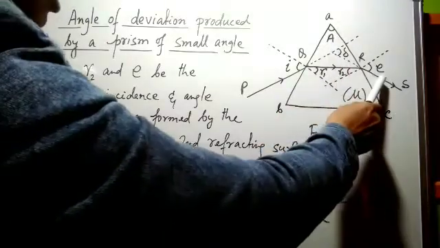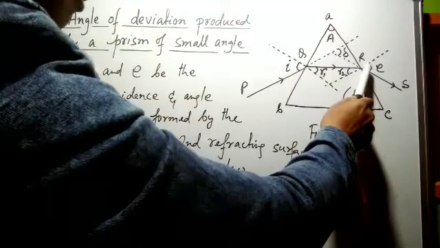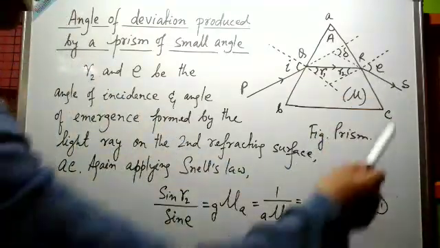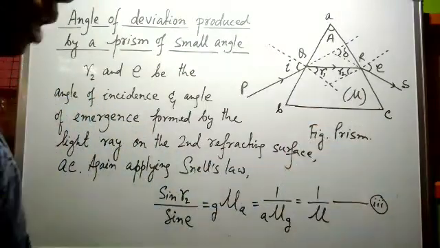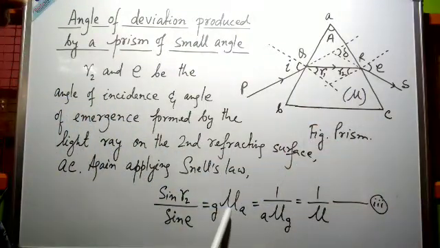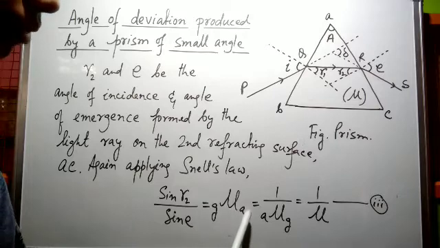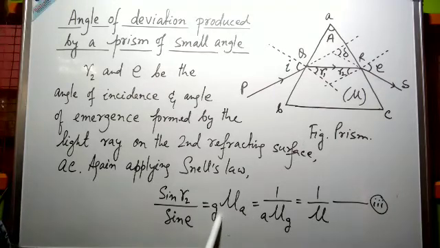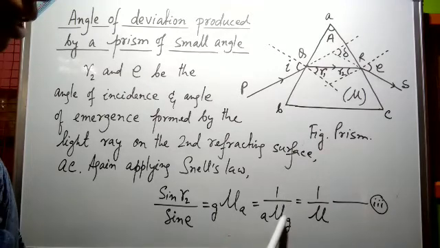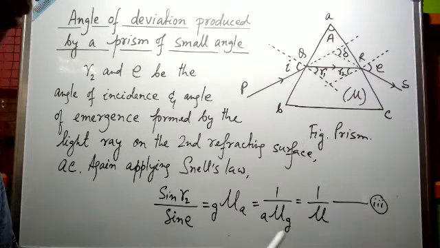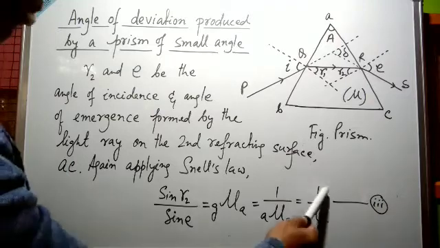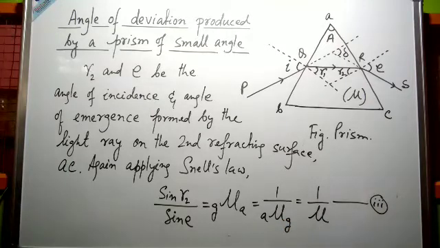The refracting light ray RS is in air, and the incident light ray QR is in the prism, the glass. When the glass and air are interchanged, we take the reciprocal: 1 by the absolute refractive index of glass, or the relative refractive index of glass with respect to air, which is 1 by mu.